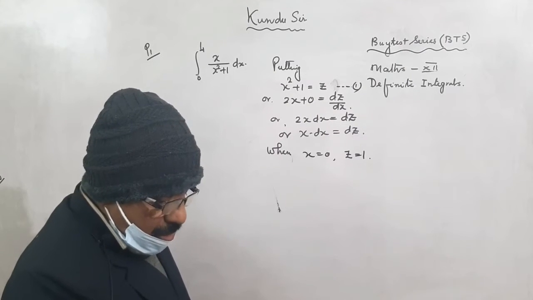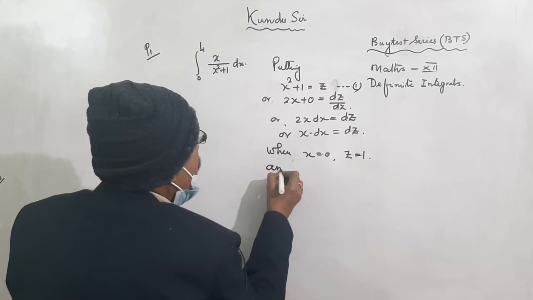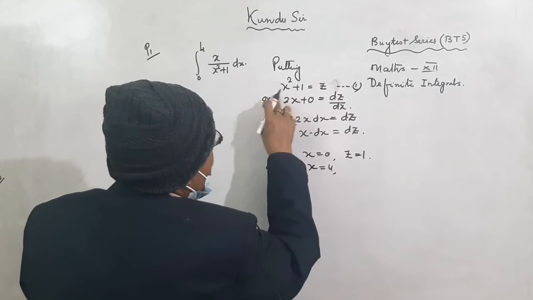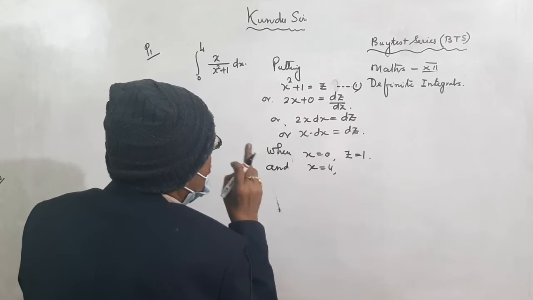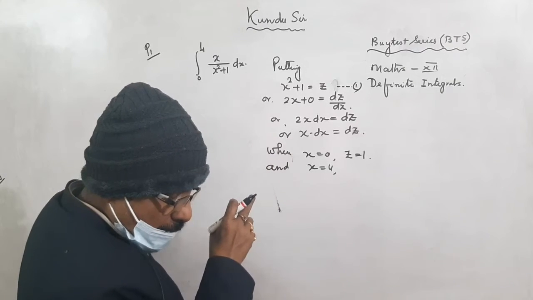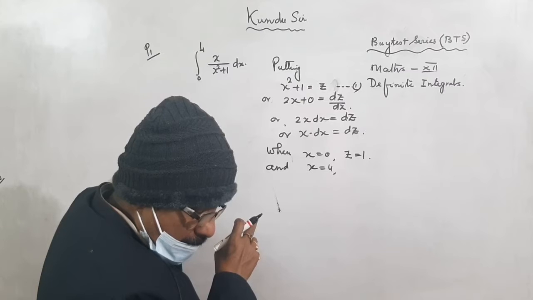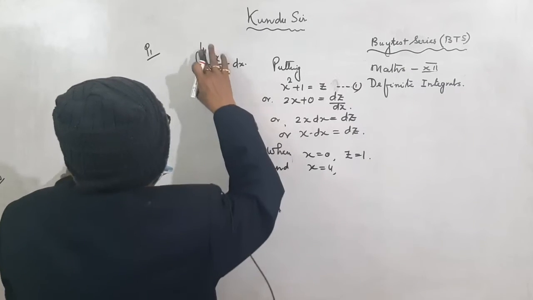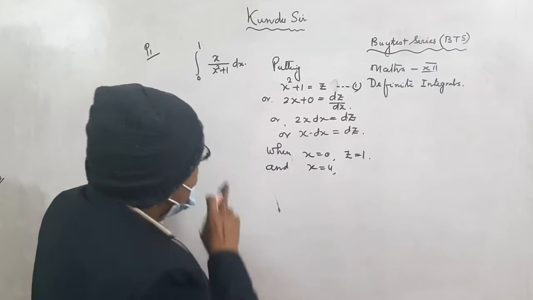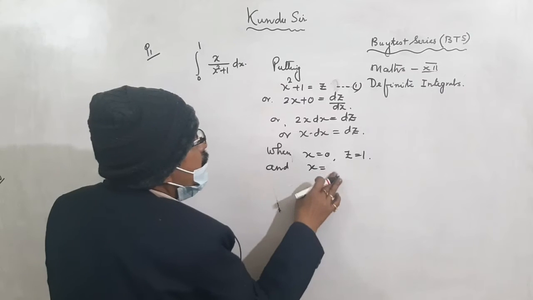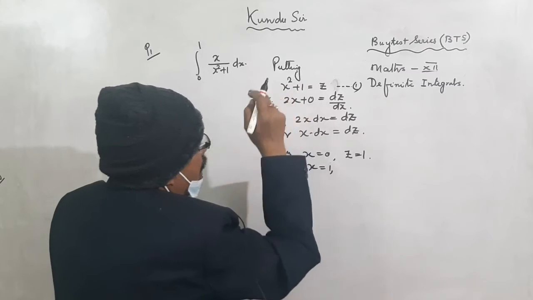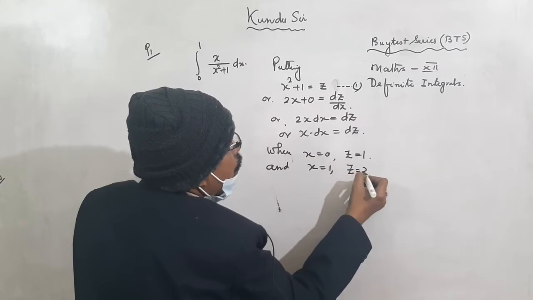When x equal to 1, not 4, the limits are 0 to 1, not 4. So x equal to 1 and 1 plus 1, z equal to 2.